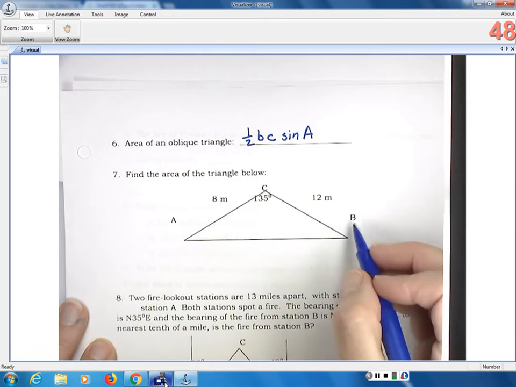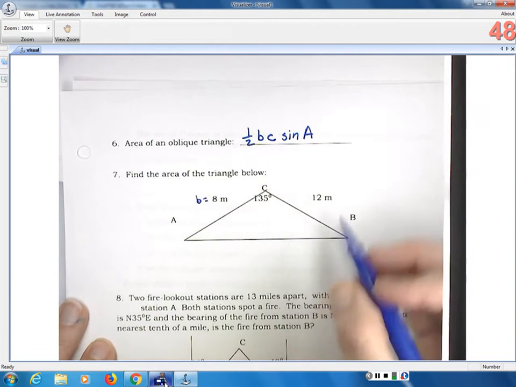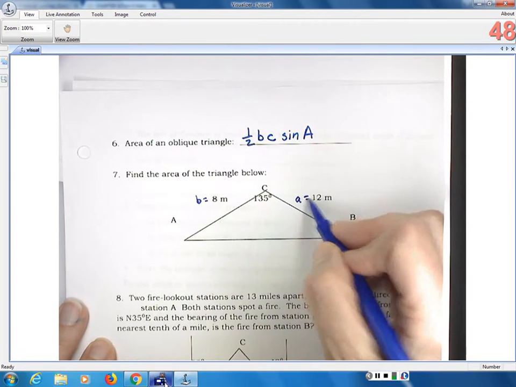So this is B. This is A down here, so that's small a, this is small c.